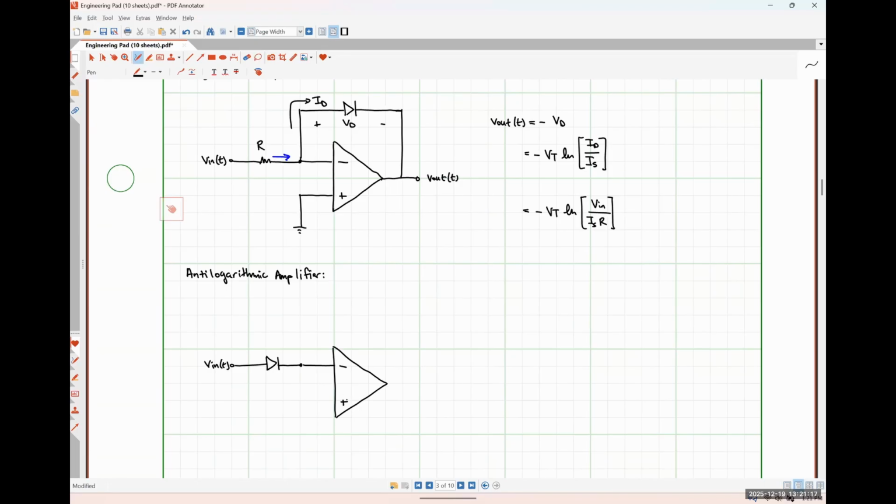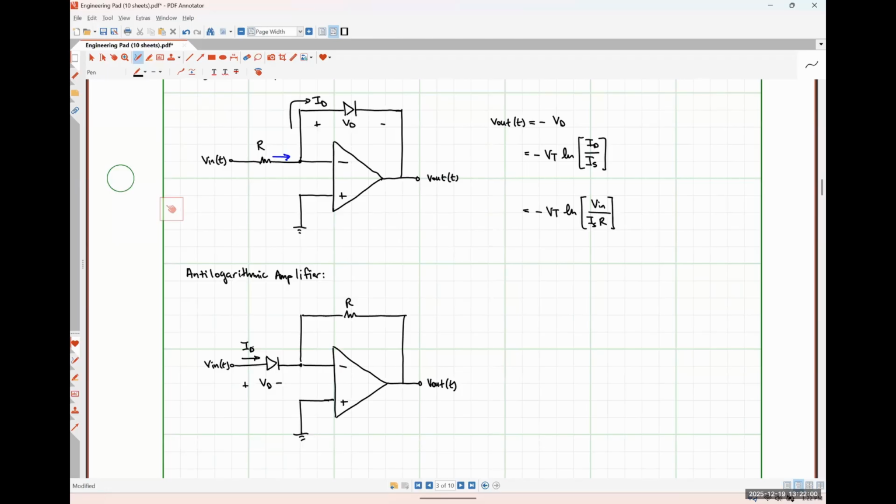Minus plus. I'm going to put a resistor in my feedback path here. I'm going to say that this is my diode voltage VD, and this is my diode current ID. And I believe we can all see very easily that our diode voltage is just our input voltage for this particular circuit. Okay.